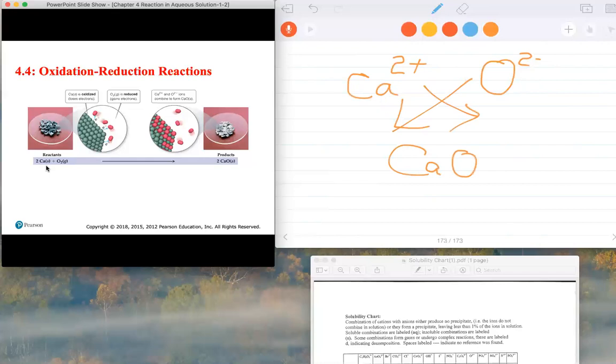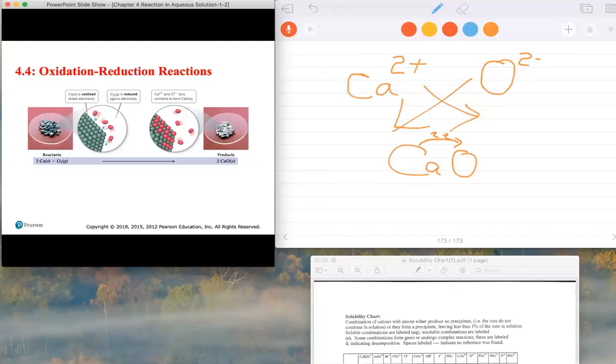The point is, metal loses its valence electrons. We're going to talk about that, but just understand that metal will always lose electrons. And you see that the arrow or the electrons are going to oxygen in this case.